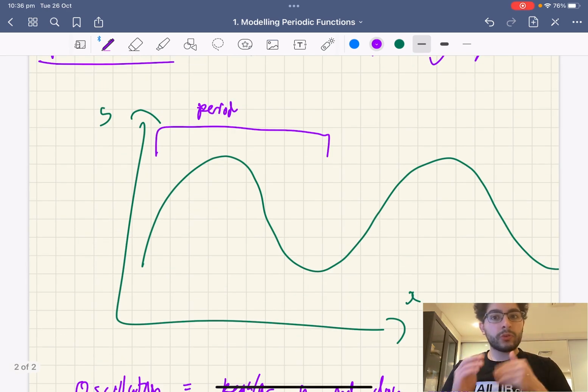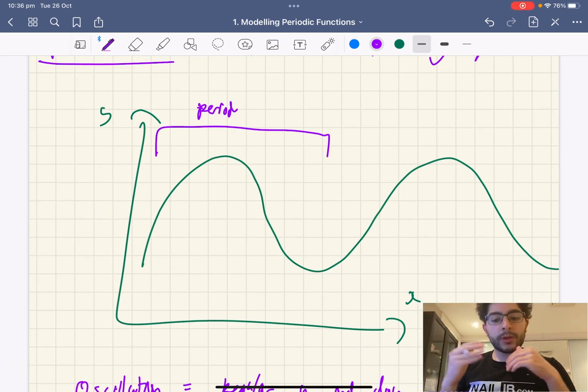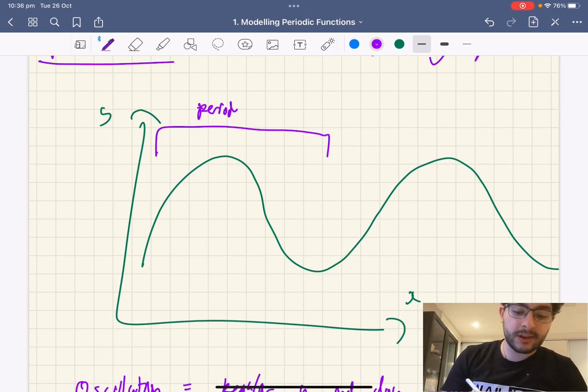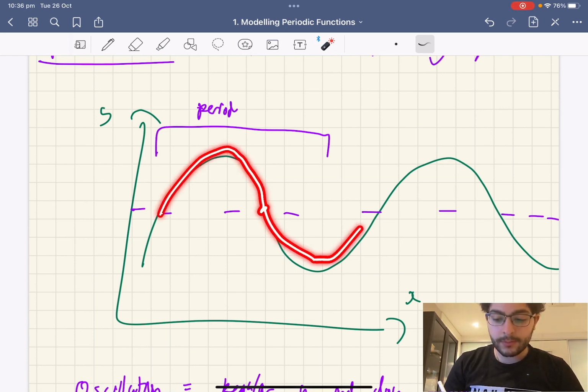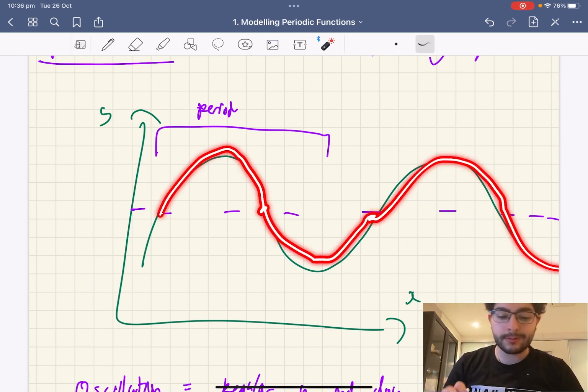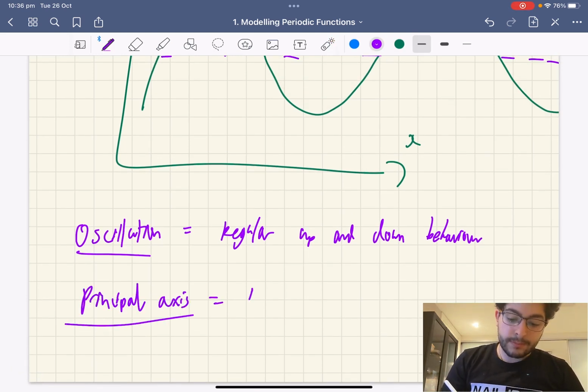And this oscillation will be going up and down, but it'll be going through this thing called the principal axis, and that is known as the middle of the function. So as we can see, it goes up, goes to the middle, goes down, goes back to the middle, goes up, down, up, down. So the principal axis is basically the midline of the oscillations.